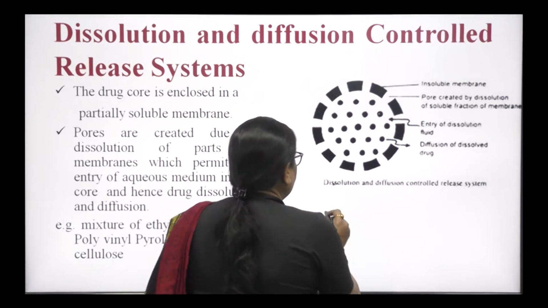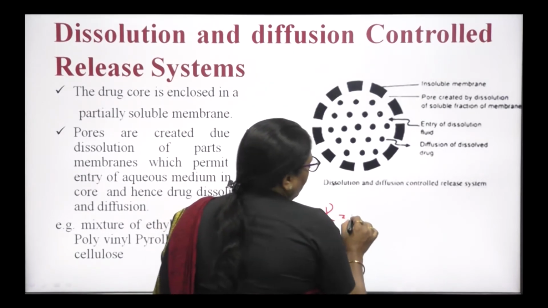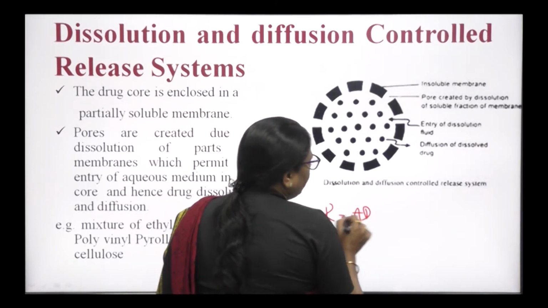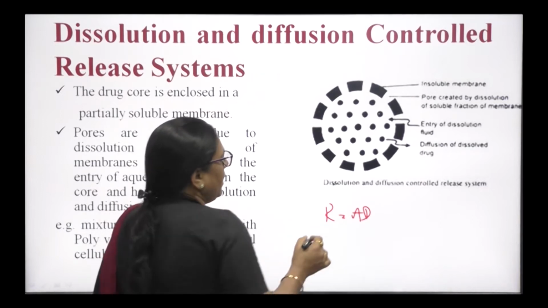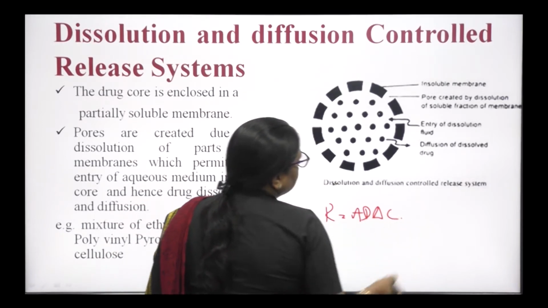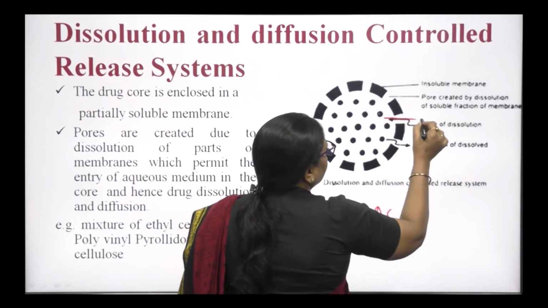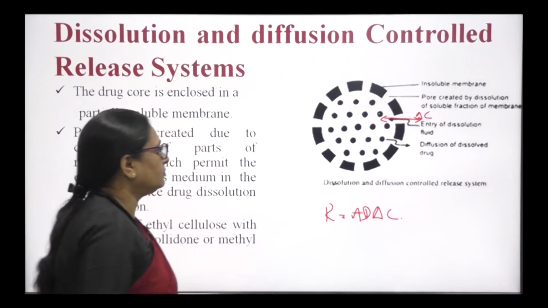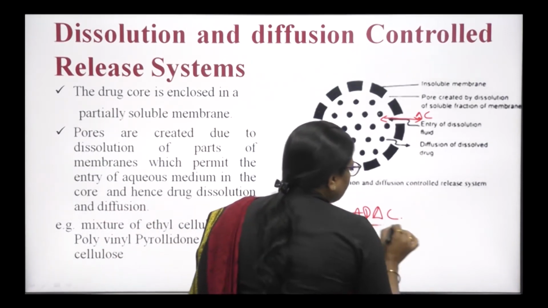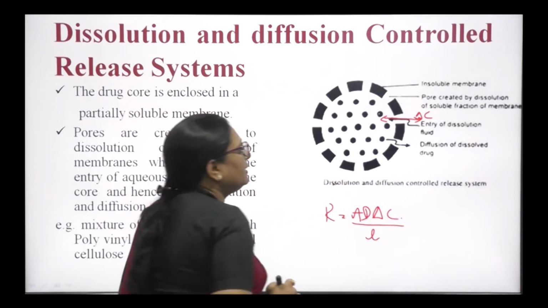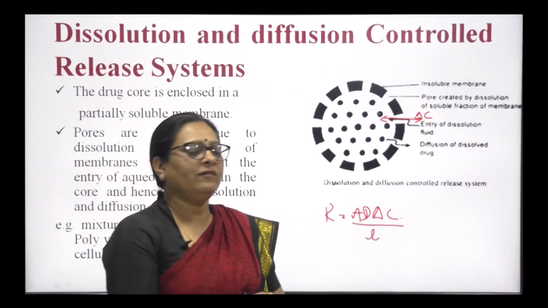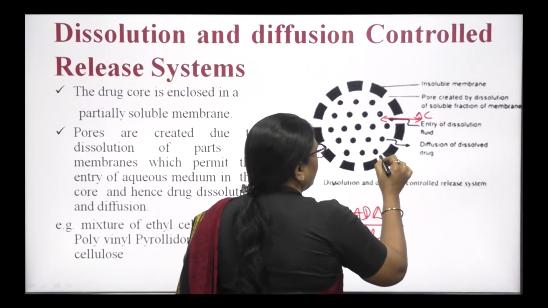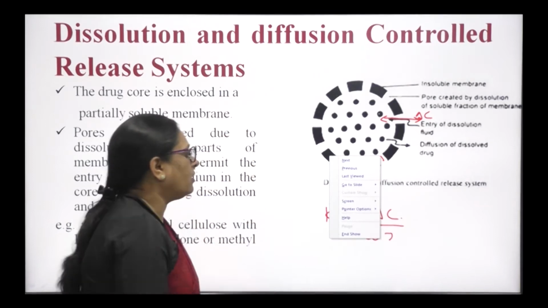The rate of drug release R is dependent upon the surface area available for diffusion, the diffusivity coefficient of the drug, and the concentration gradient across this membrane, delta C. It is inversely proportional to the thickness of the polymeric coat, which is depicted by L here.